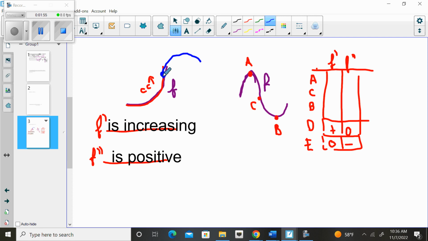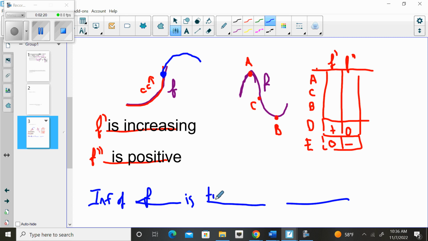That's because an inflection point of f, and again, those are all like fill in the blank things, an inflection point of f is a turning point of f prime.